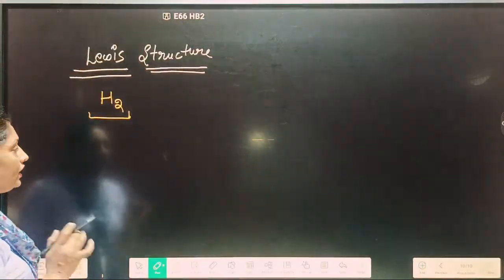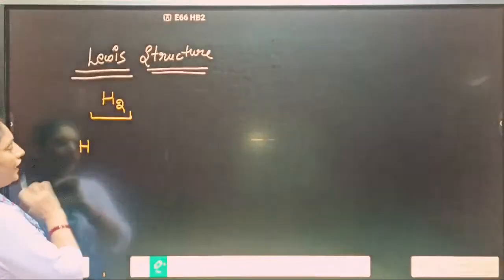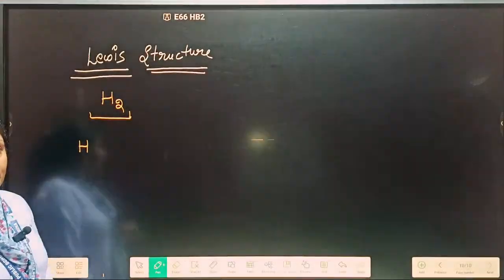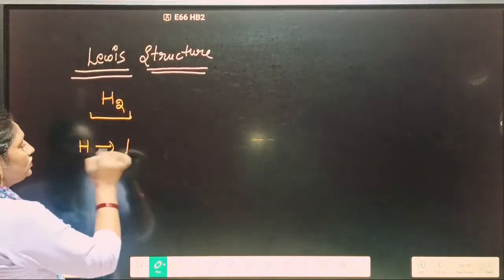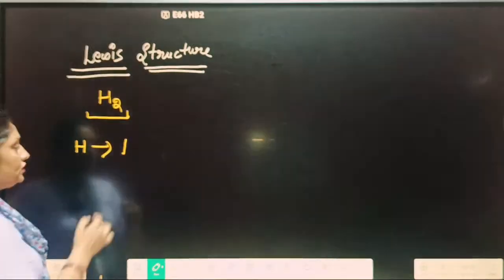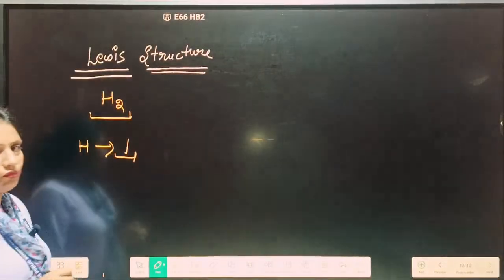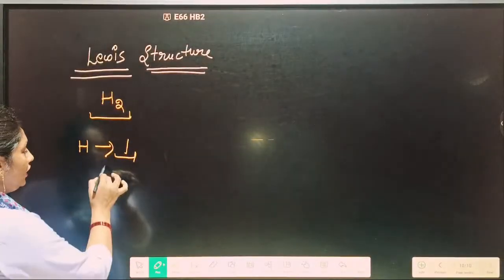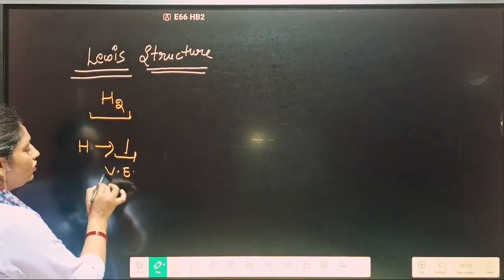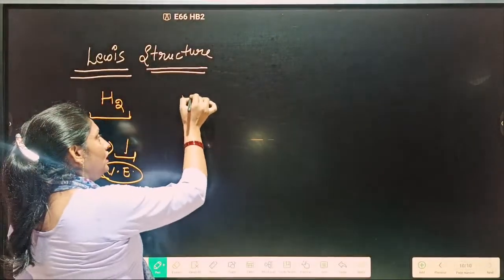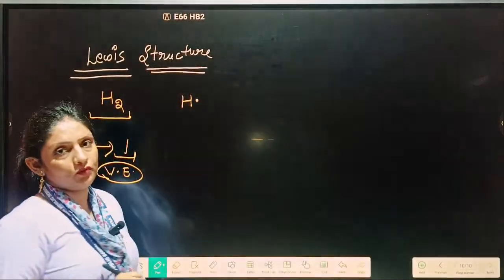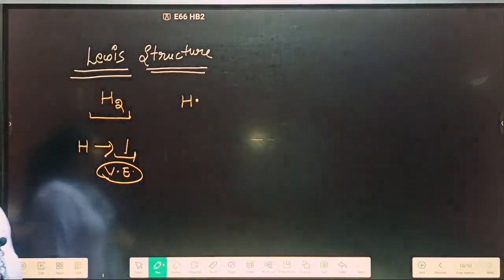First of all, you will write the configuration for that element. Here we have hydrogen. You know very well, hydrogen has atomic number 1, so its configuration will also be 1. Okay, and here the valence electron is also 1. Then you will write the number of valence electrons with the element.